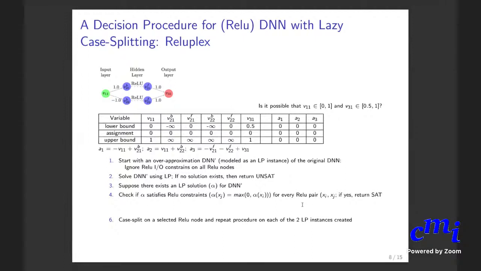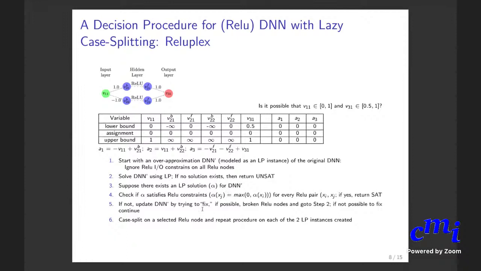But I think it does better than that. Rather than immediately case splitting, if none of the ReLU constraints are violated, then you can declare it as satisfying.